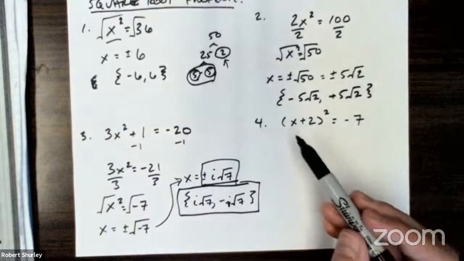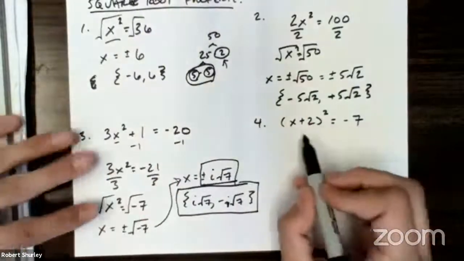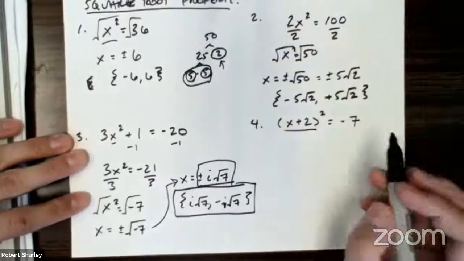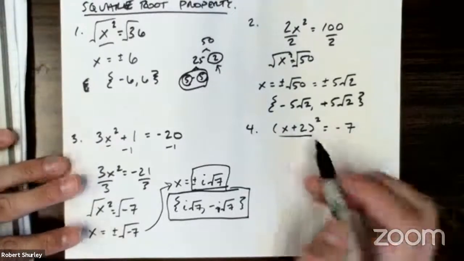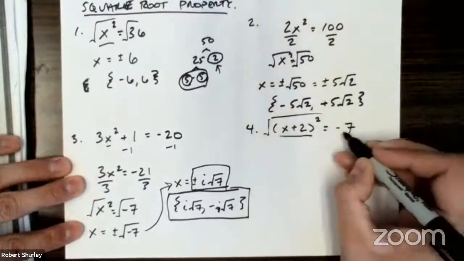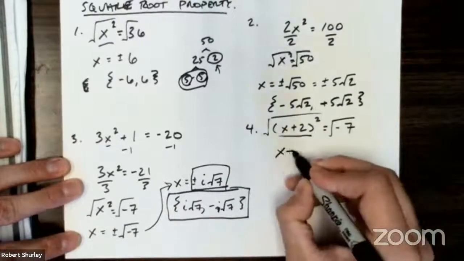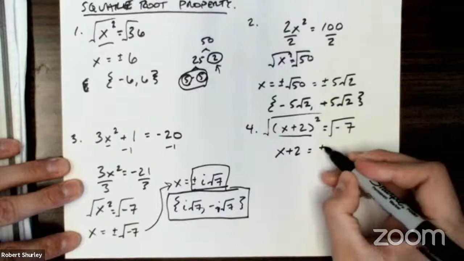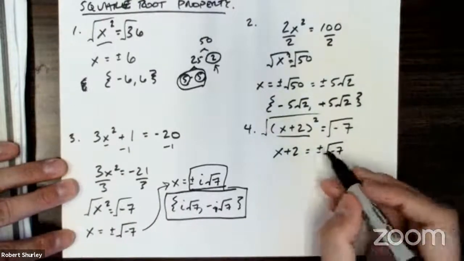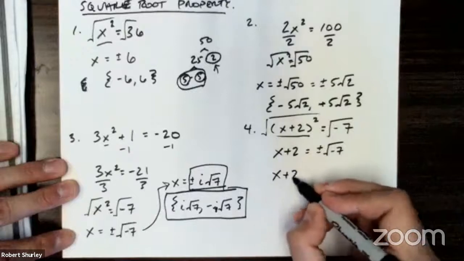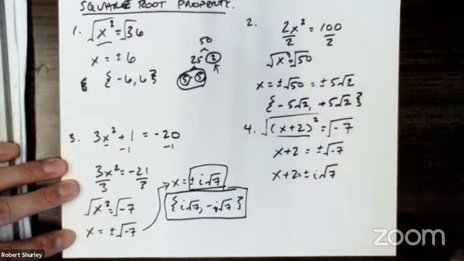Okay, so now this one's a little different because it's not just a single x squared being squared. It's a whole binomial. So what's nice when it's a whole binomial, you just want to get that binomial by itself. So now we take the square root of both sides. So we wind up with x plus 2 equals plus or minus the square root of -7, right? We know the square root of -7 is just i square root of 7.